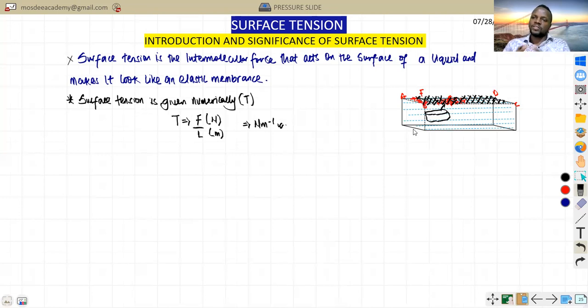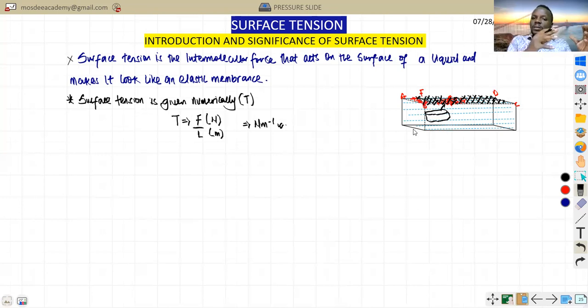For your level and for the application of JUPEM and the other exams here in our country, you should always keep it at the back of your mind that it's just the same force that acts along a hypothetical line, which is the length. That particular force we call surface tension. And for the numerical, if you're asked to calculate, all you need to do is to understand what is cut between different layers. Be careful because you have different positions.